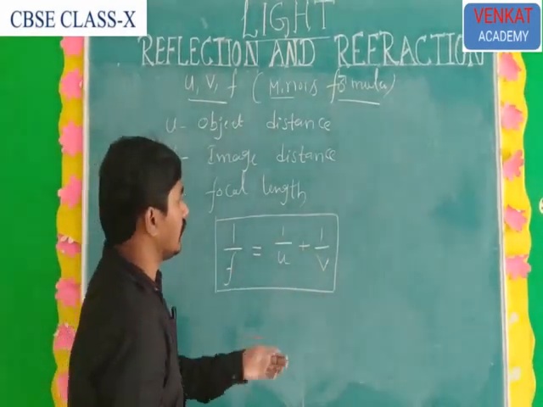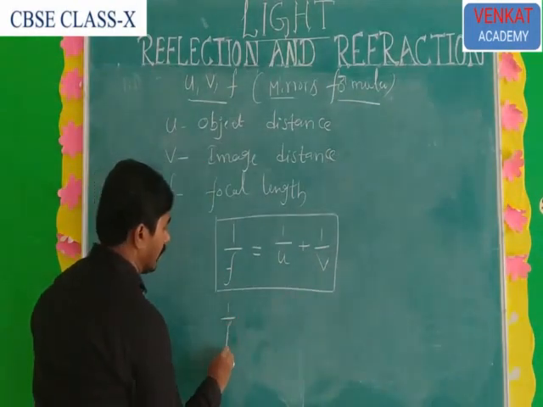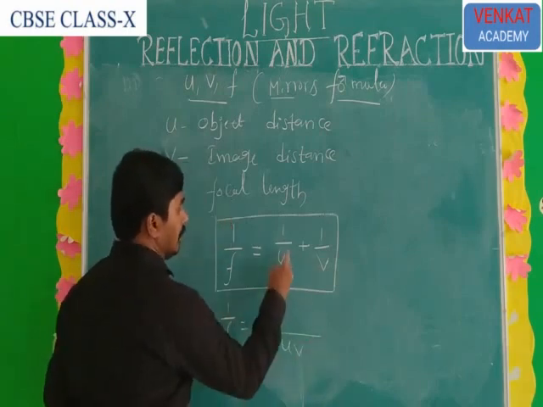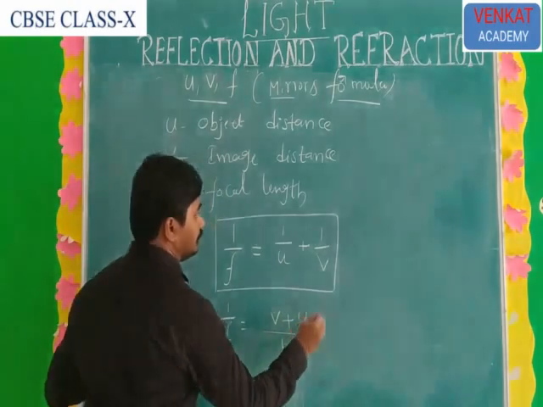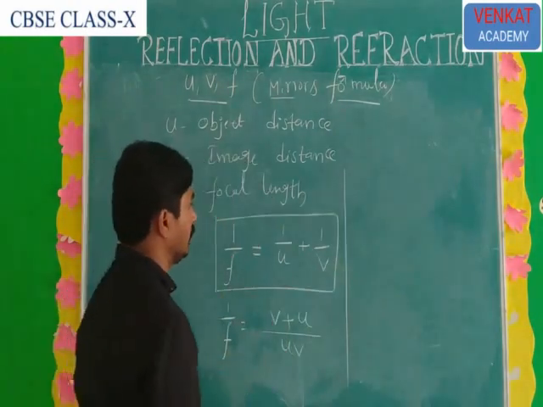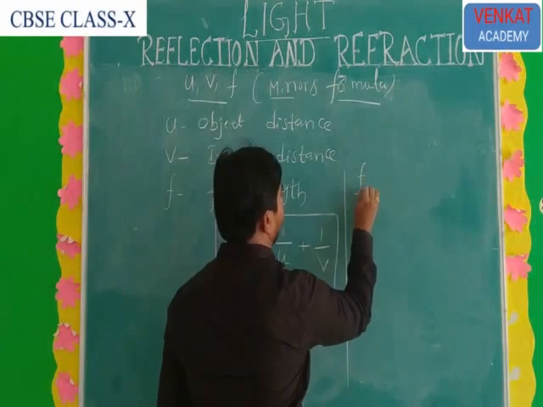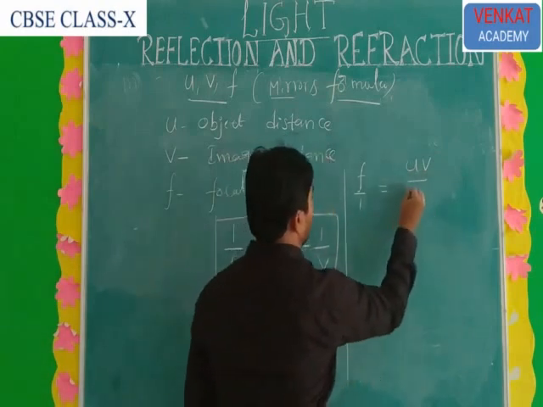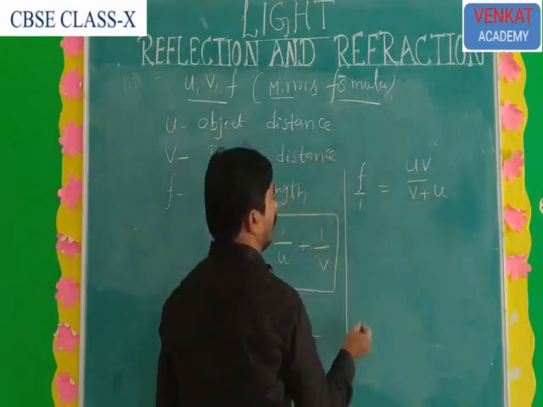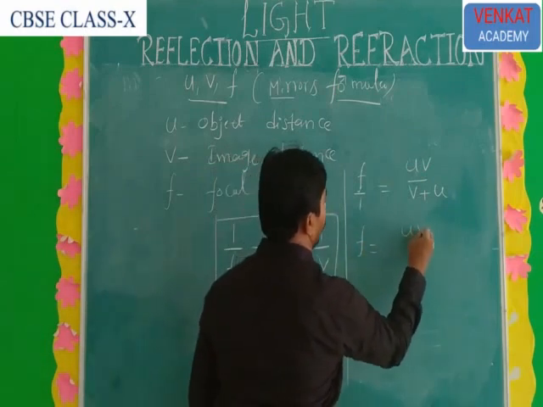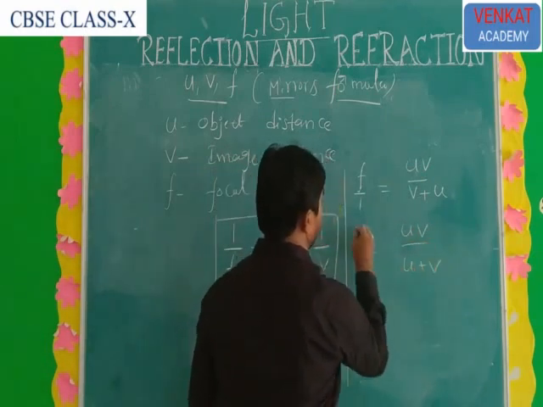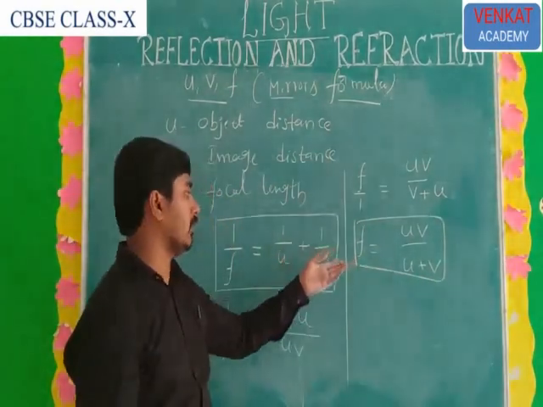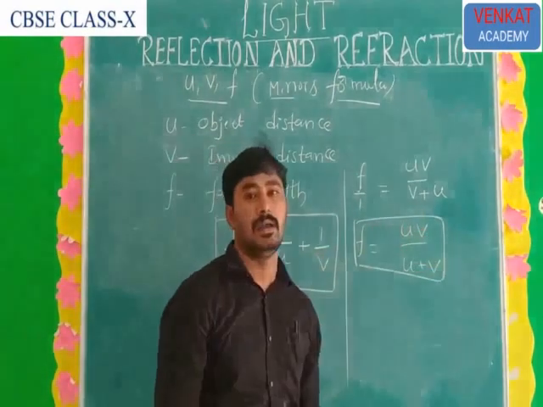This formula is also written like this. Take 1 by F is equal to, taking the LCM, UV is the LCM, and here V, here U. Take the reciprocal: F by 1 is equal to UV by V plus U, or write it like F is equal to UV by U plus V. This is one more form of the same mirror formula.